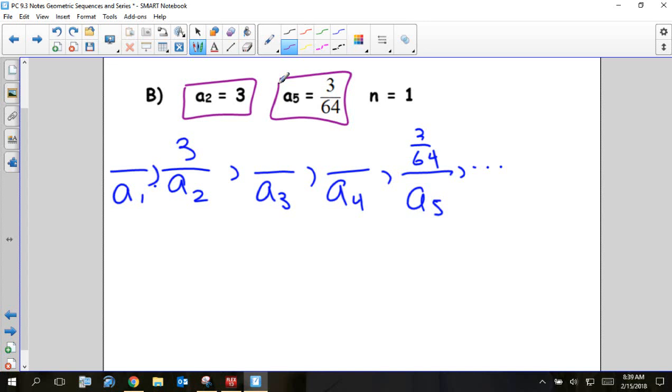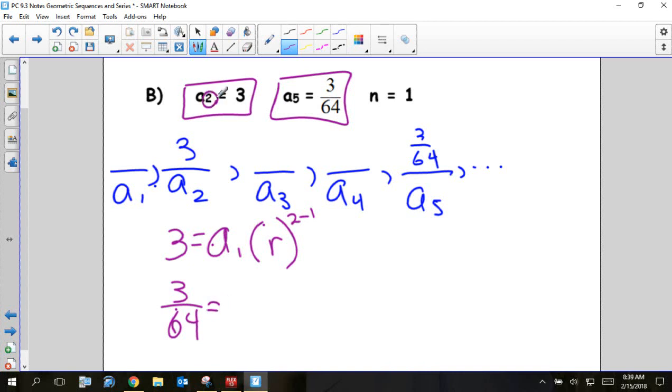So we're going to plug in for a sub 2, we're going to plug in 3 equals a sub 1, which I don't know, multiplied by the rate, which I don't know, to the 2 minus 1. So plug it in. And then I'm going to plug in 3/64.